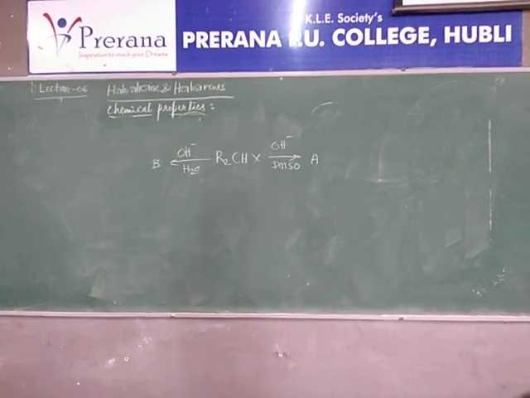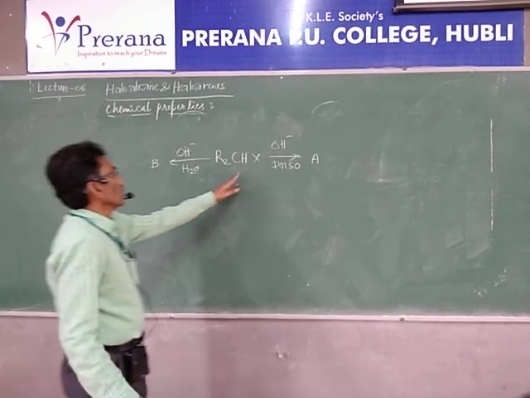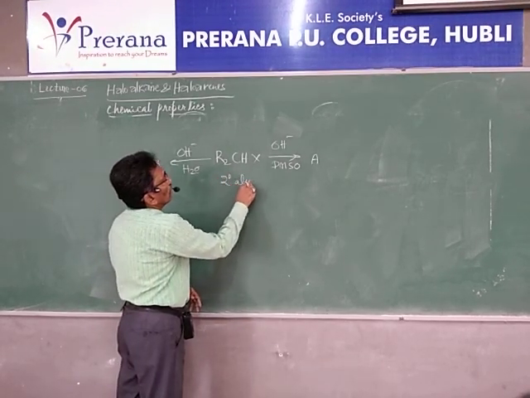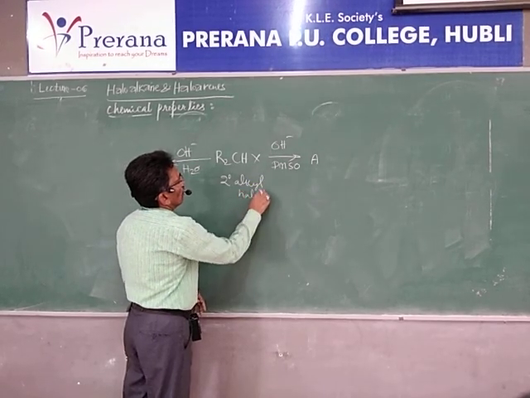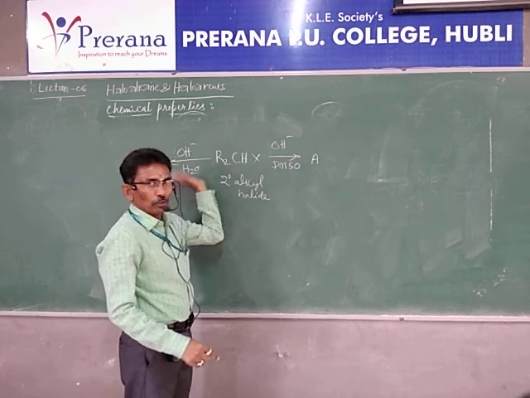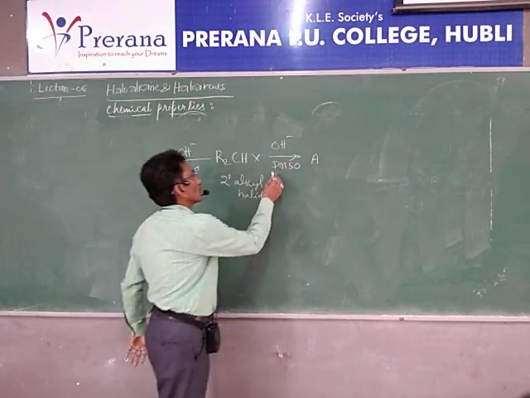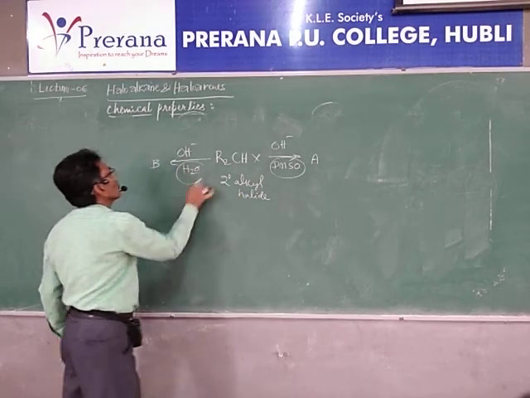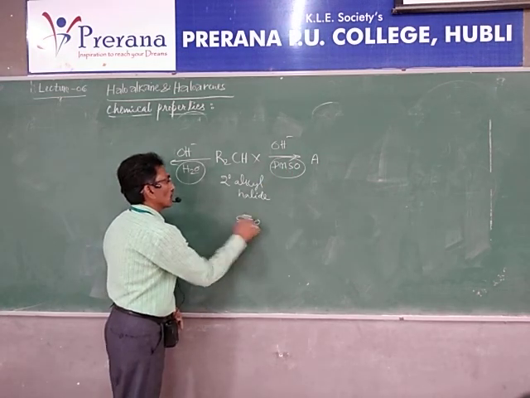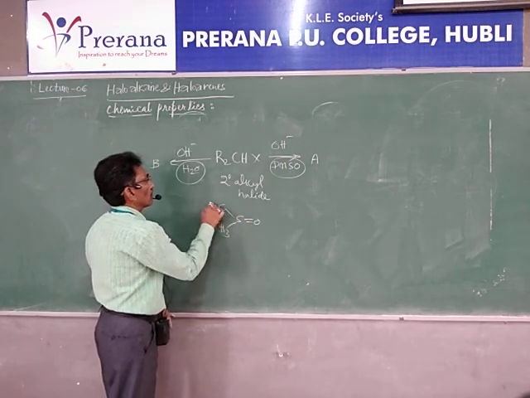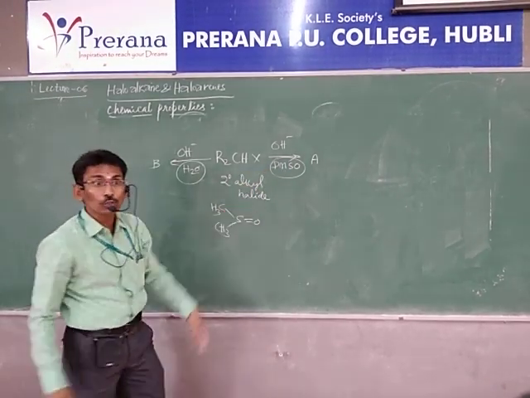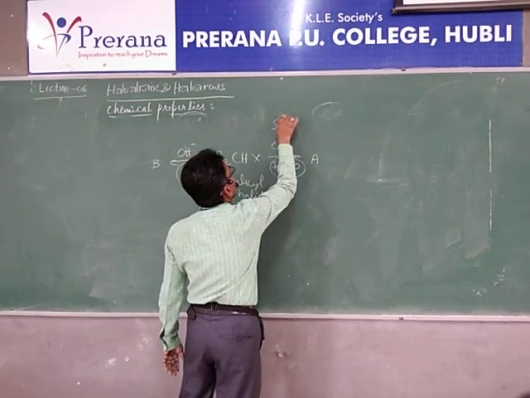R2CHX is the general formula of a secondary alkyl halide, treated with the same nucleophile OH minus. The nucleophile is not changed, just the solvent is changed. Here the solvent is dimethyl sulfoxide, a polar aprotic solvent, which favors the SN2 mechanism.